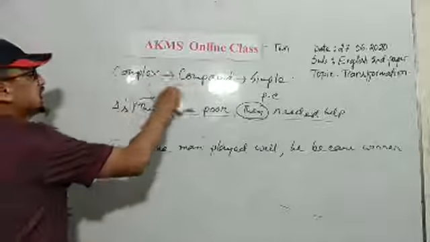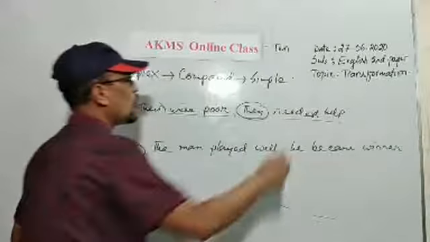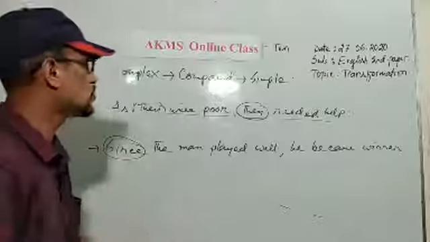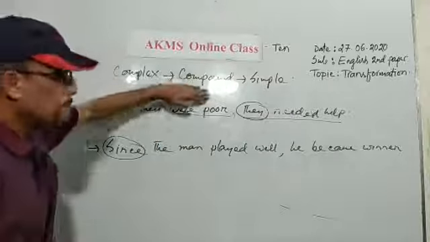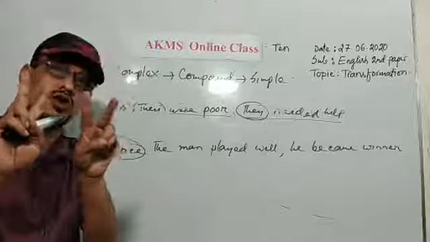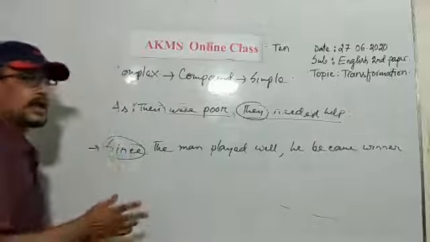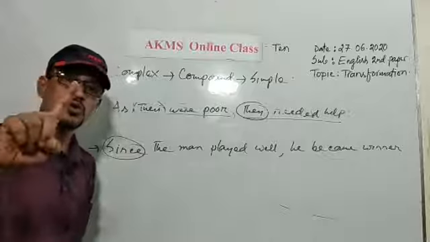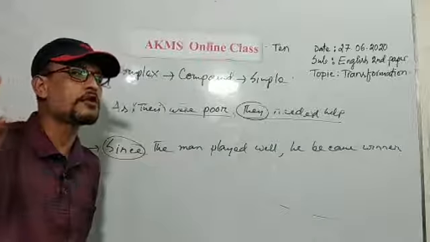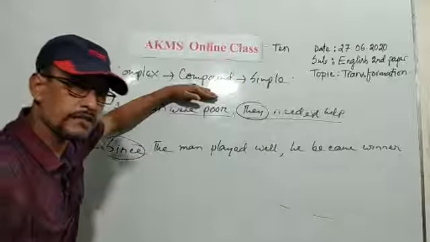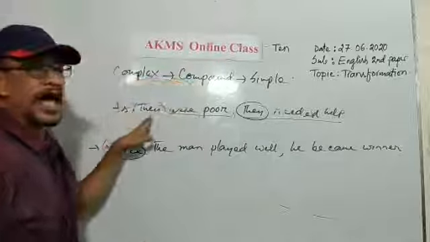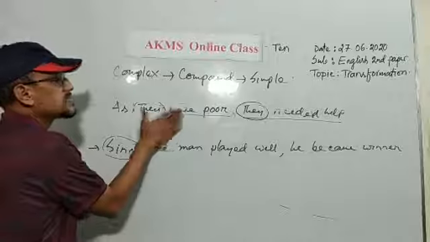Just like the question setter or I have asked you to transform it into a compound sentence. A compound sentence also has two clauses. And I have told you, you should not use any subordinate clause in a compound sentence. Okay? Dears, but this clause is a subordinate clause.